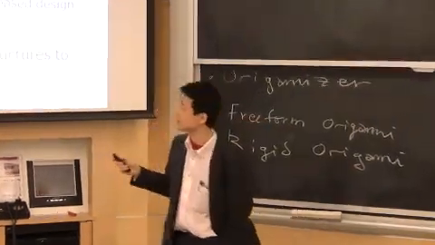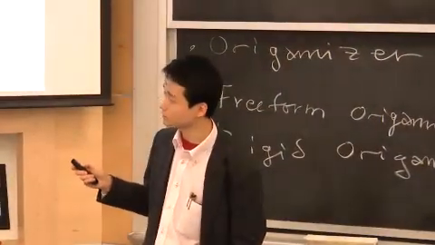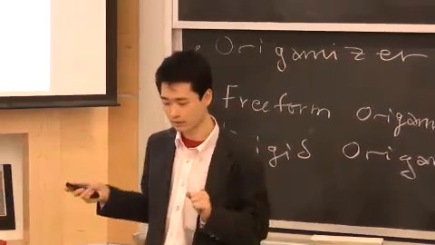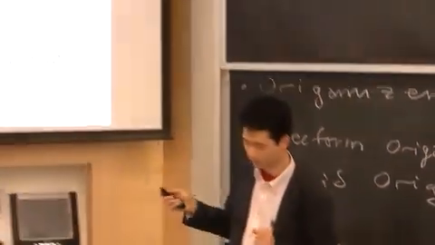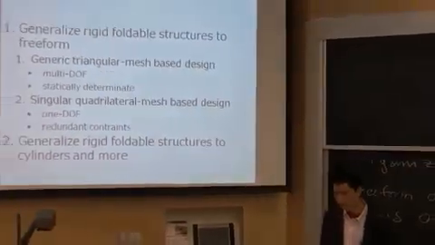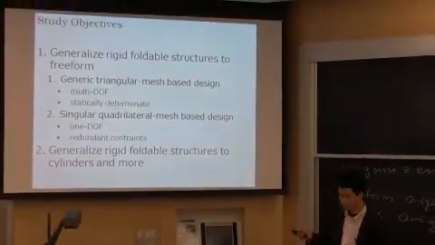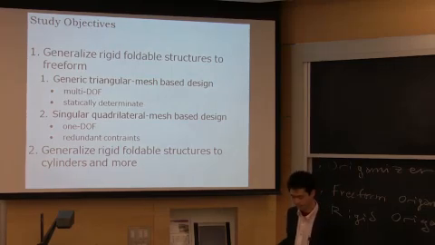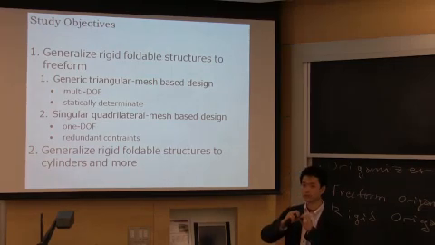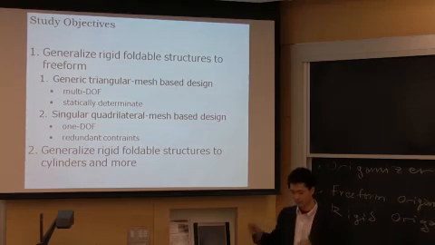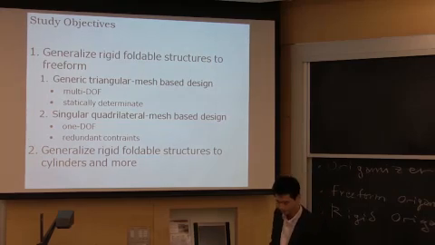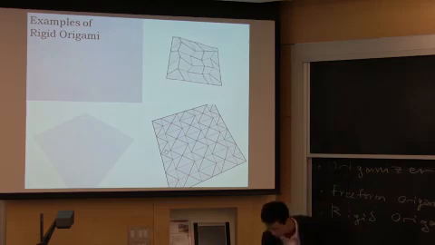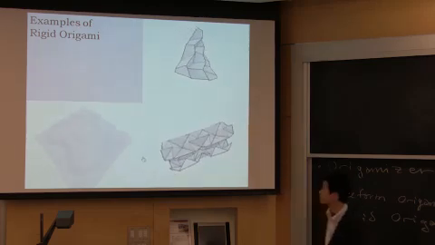In order to do that, we first want to generalize rigid foldability to different shapes, and also generalize to cylinders and other topologies like compound structures. So first, before that, I would like to show an example of rigid folding.